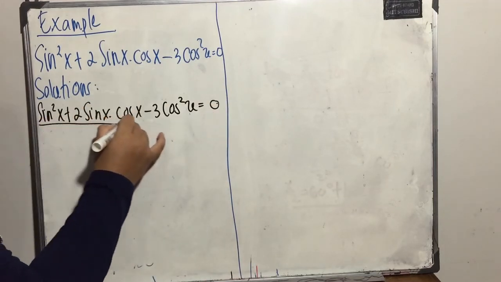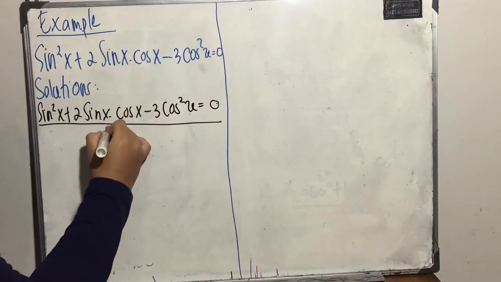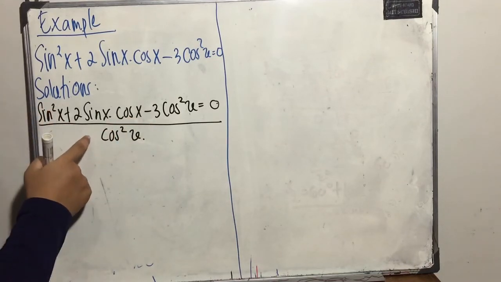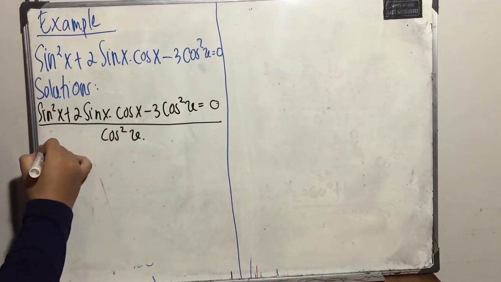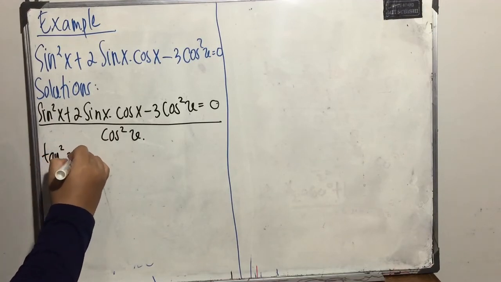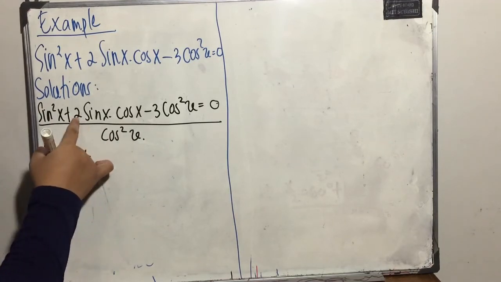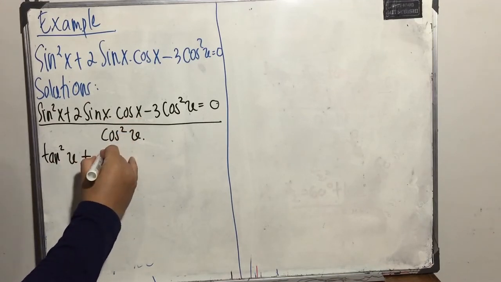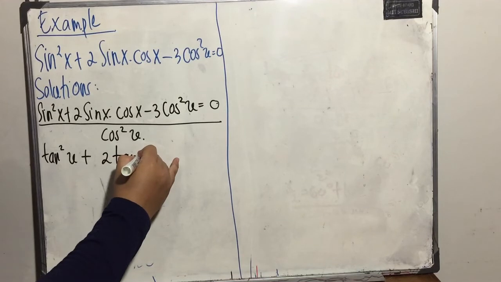Both sides divided by cosine square x. So from here, sine square x divided by cosine square x equals tangent square x, plus 2 sine x times cosine x divided by cosine square x is 2 tangent x.